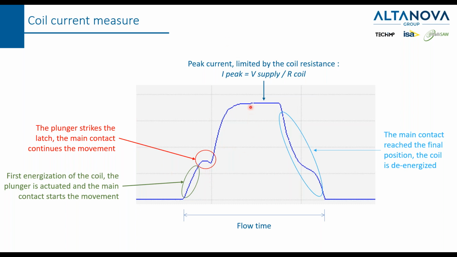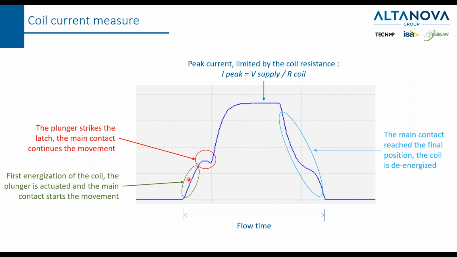This is the typical shape that you can get after a normal operation, which can be either an open or closed operation. The first part is the first energization of the coil, where the plunger is actuated and the main contact starts to move.